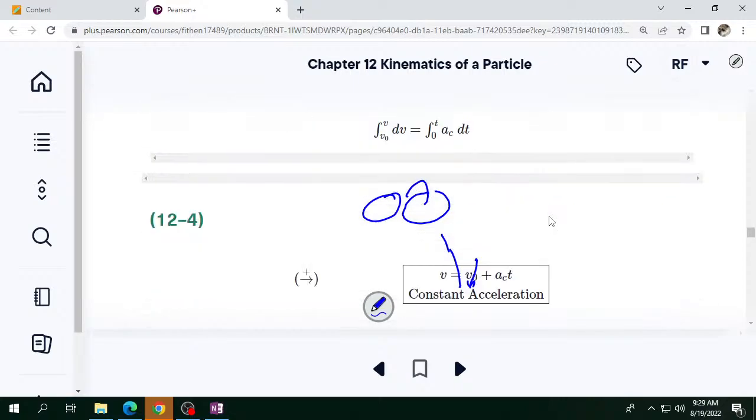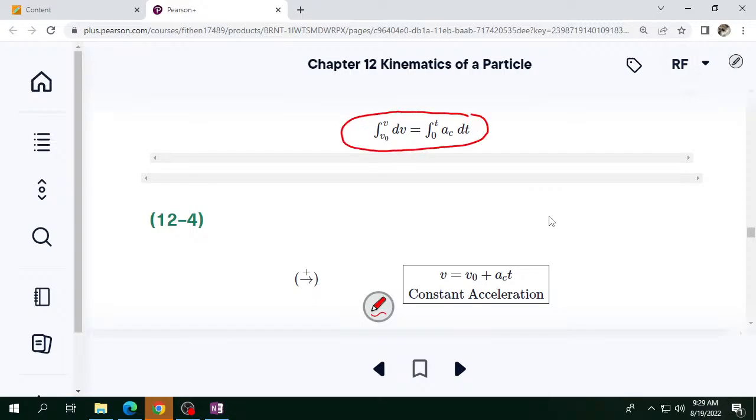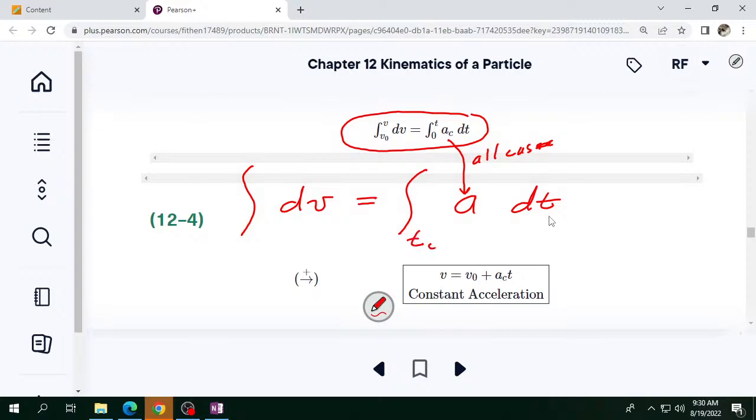One of the things that I may sound like I'm being critical, but I'm not. You have to pay real close attention to the way this is written. If you're looking at something like this, for all cases, and then you have this, if you're integrating from t0 to t1, then this needs to be the velocity at t0 and the velocity at t1.